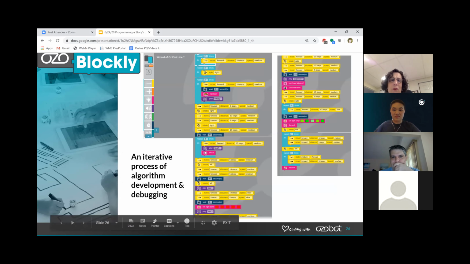This is what their program looked like. It was level 3 for Evo, and there was a lot of iteration. To scaffold this part, I used a lot of the Ozobot materials. I'm a certified educator, and you get a lot of great materials that the company makes for you.